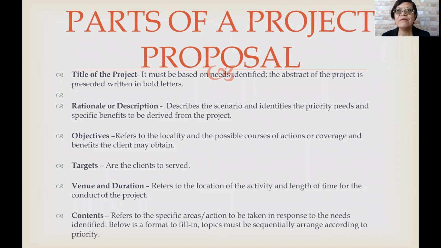Okay, so if it is a waste segregation project, you might want to include in your objective the attainment of a culture of waste segregation in the community. Okay, so how do you promote a culture wherein people are segregating their waste properly? Okay, that would help the barangay manage its waste.